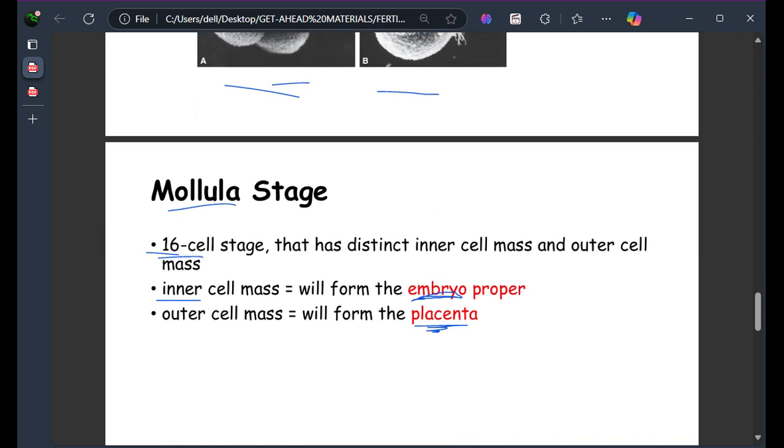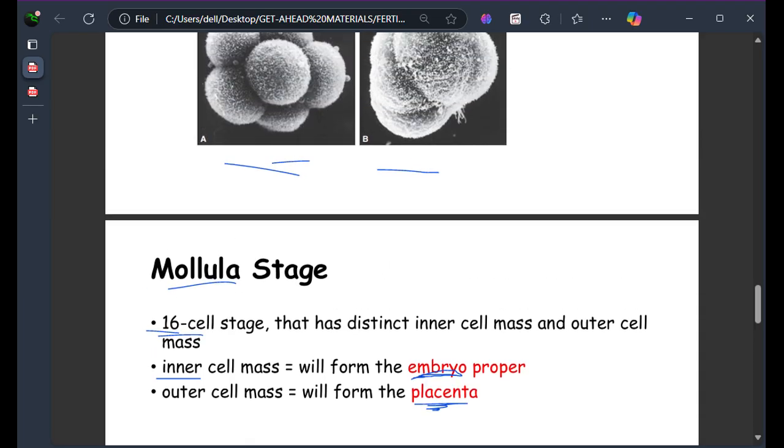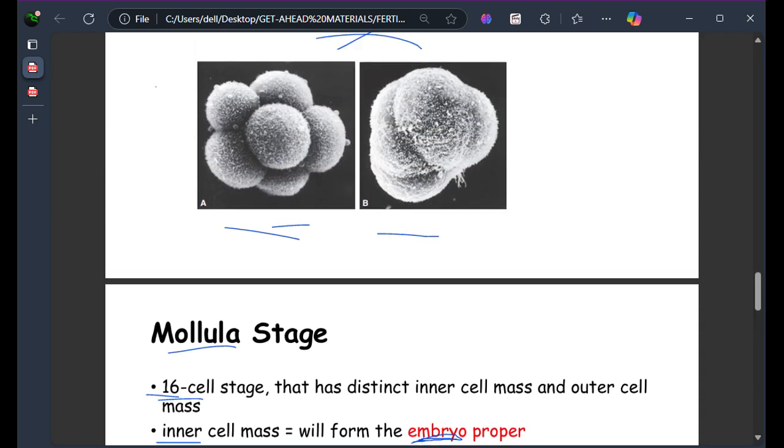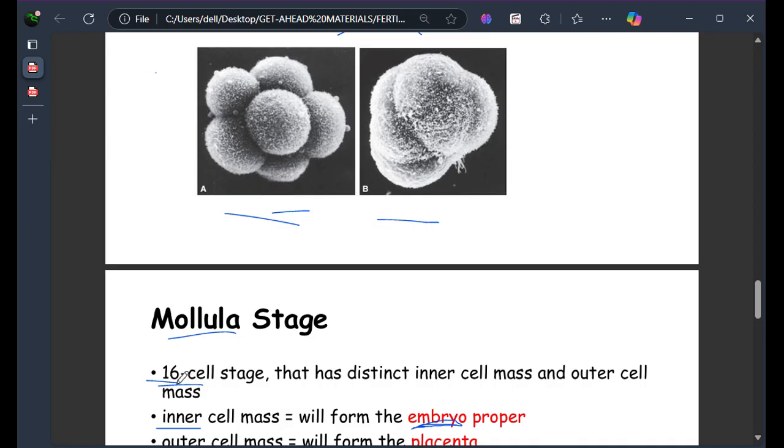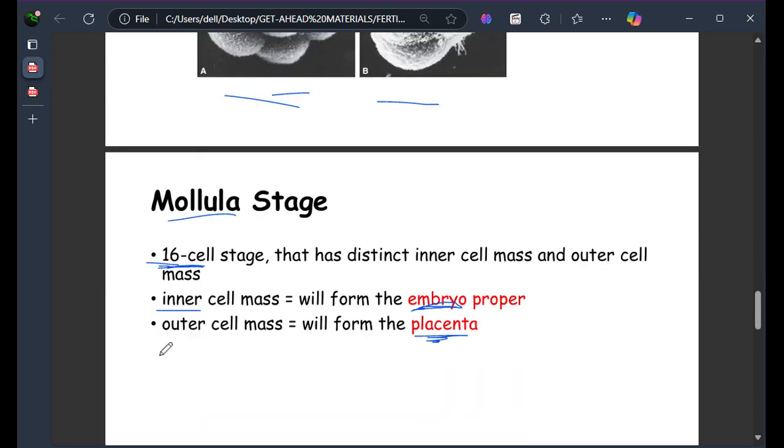Sorry, let me just go back a bit. So that morula, once it is at the 16 cell stage, we're calling it a morula. The blastomeres that are dividing from the zygote, once they reach 16, we're calling it a morula. So that morula will start to have some distinct cell boundaries.